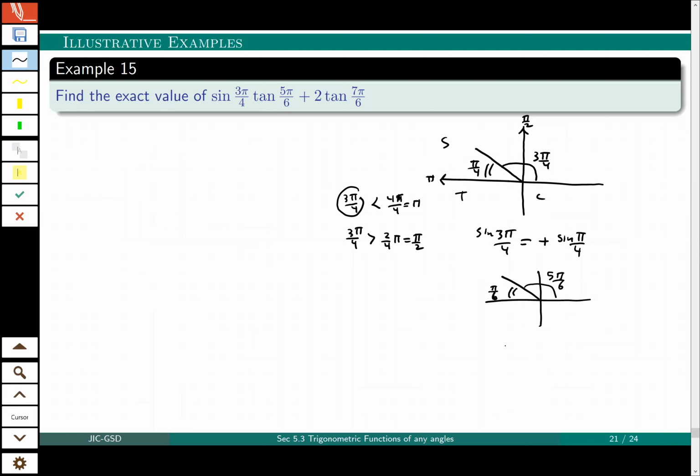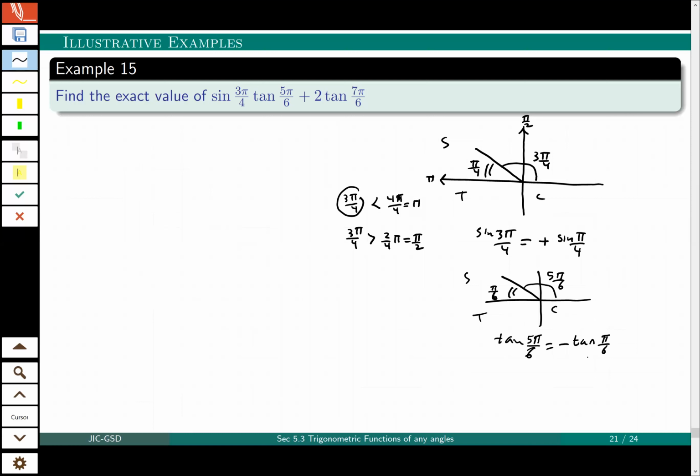So tan 5 pi over 6, by STC, is the negative of tan pi over 6, because in quadrant number 2, tan is negative.